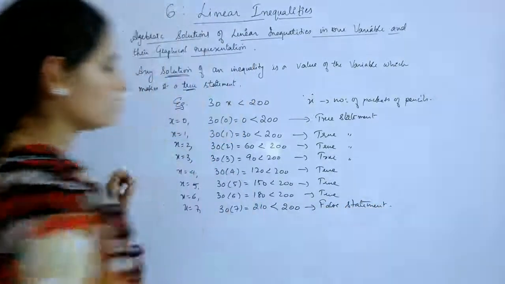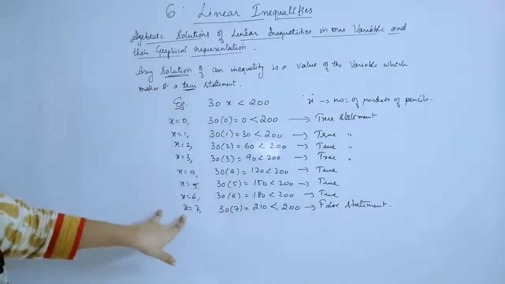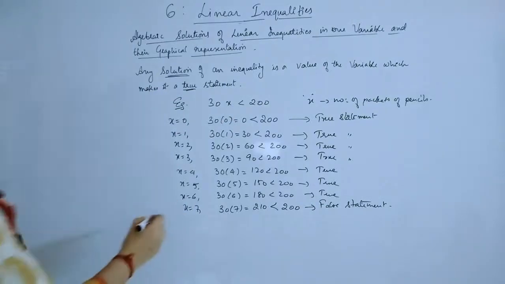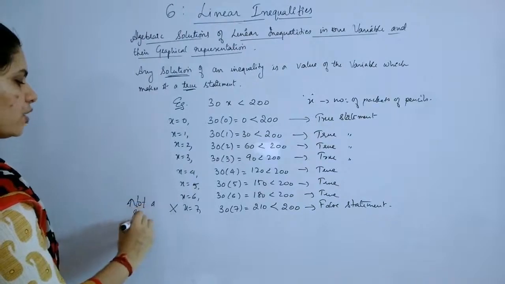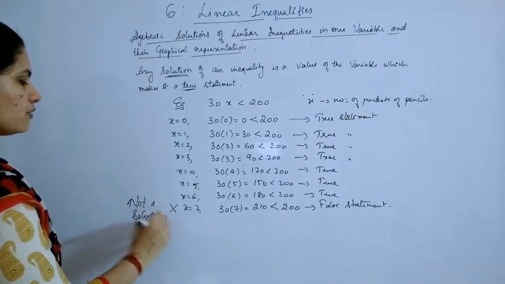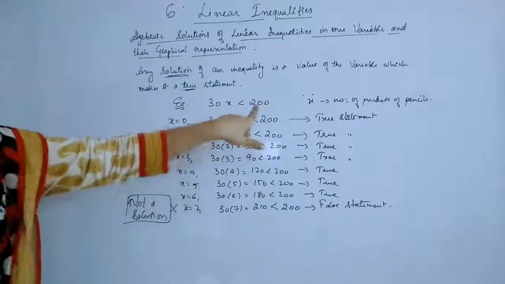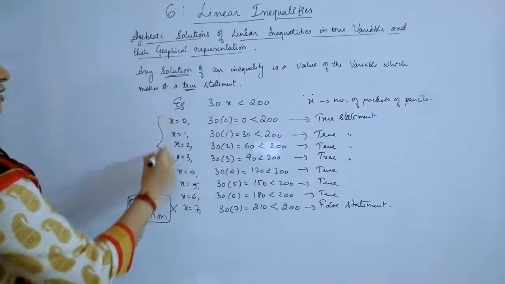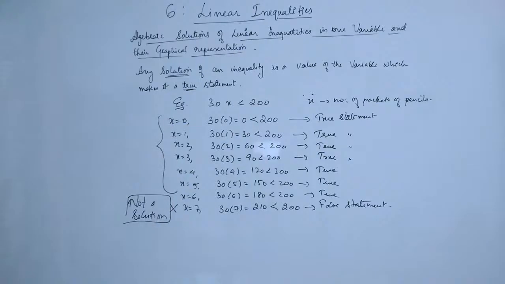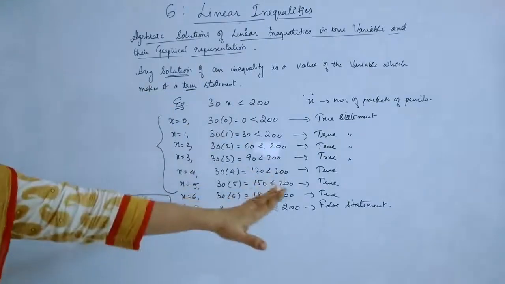When you get a false statement for the value you have substituted, that value will not be a solution of the given inequality. All the values till 6 satisfy the inequality, that means they give the true statement.